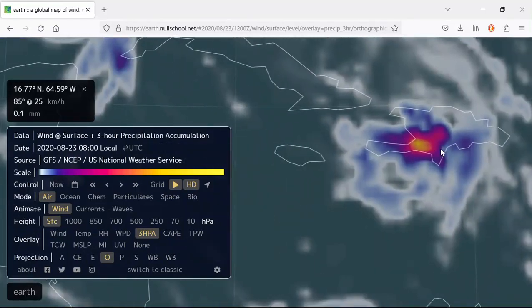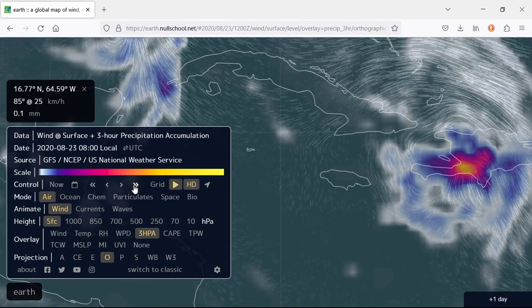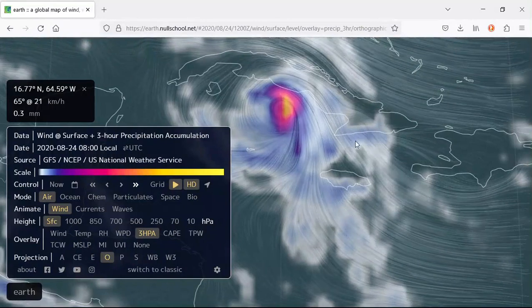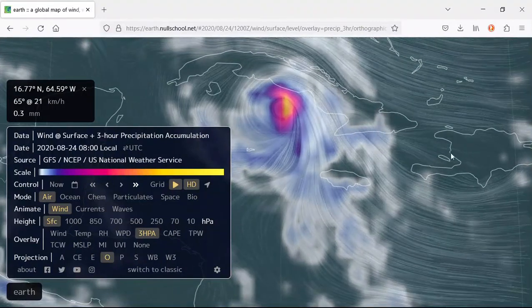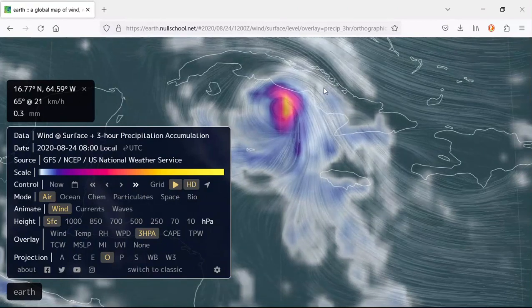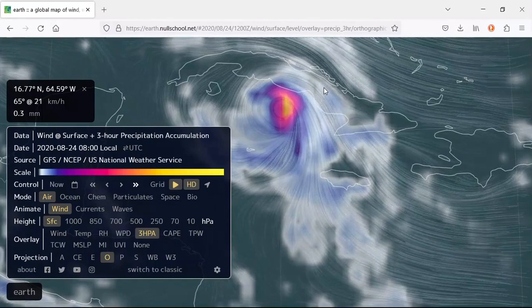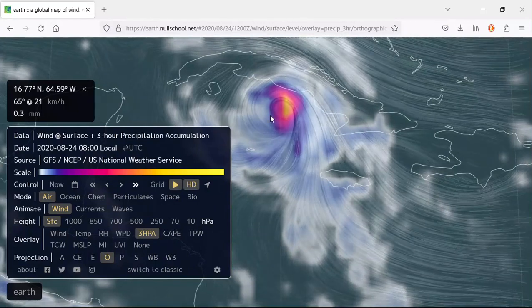So let's continue on. We'll have this now start to move over the warm waters of the Caribbean, and now it's really starting to intensify. Now, if this hurricane had come over onto Cuba, kept on coming in this direction, it would have maybe lost some of its strength as the land slows it down. But what ended up happening was the very warm water here.